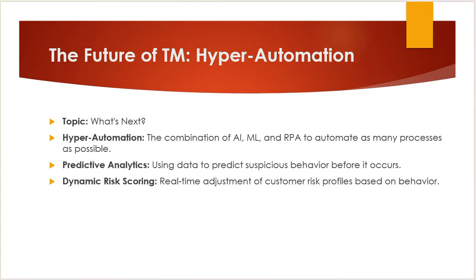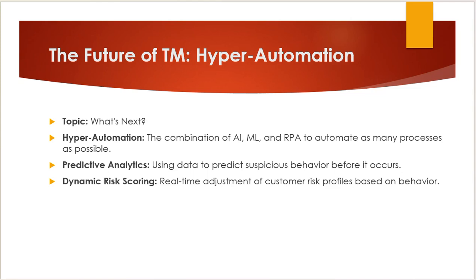Hyper-automation is the combination of AI, machine learning, and robotic process automation to automate as many processes as possible, which will increase system performance and efficiency, and the system will complete repetitive tasks itself. Then predictive analytics: using the data to predict suspicious behavior before it occurs, and detecting the history of transactions.